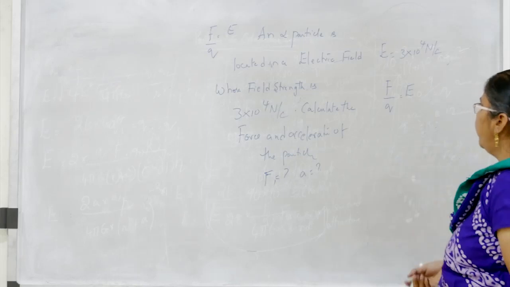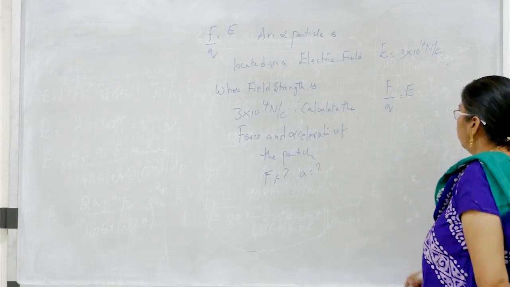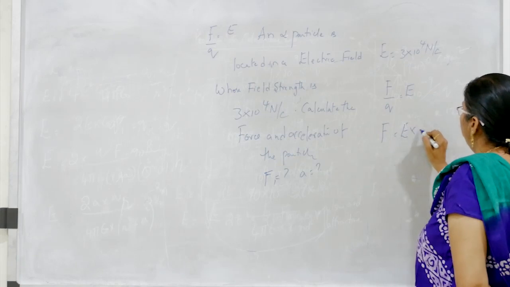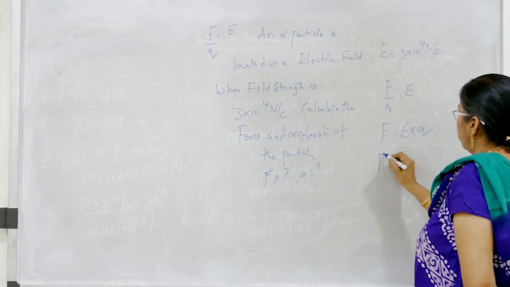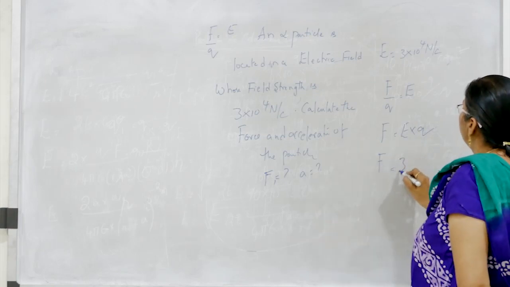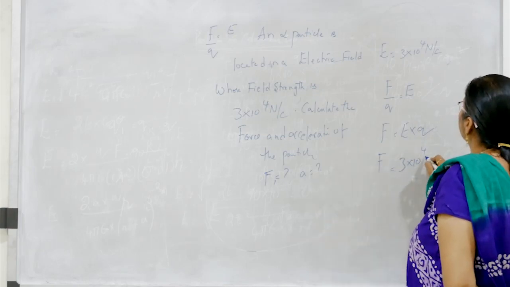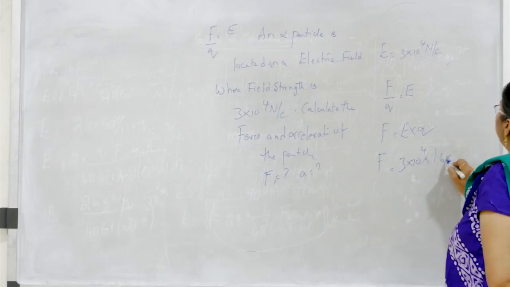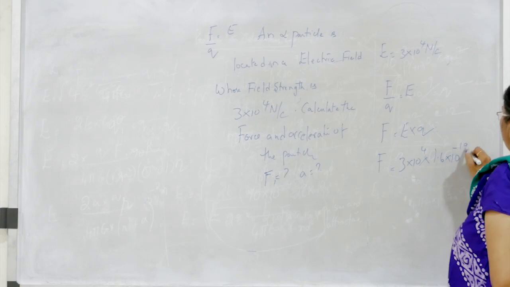When you are calculating the force, F is equal to E multiplied by Q. So F is equal to E, which is 3 into 10 power 4, into Q, which is 1.6 into 10 power minus 19 coulombs.